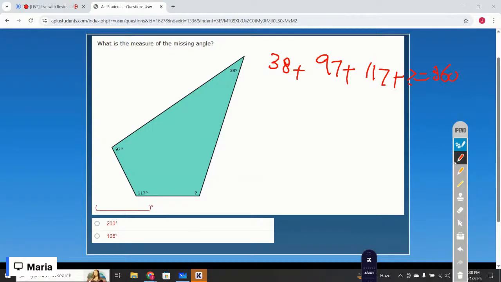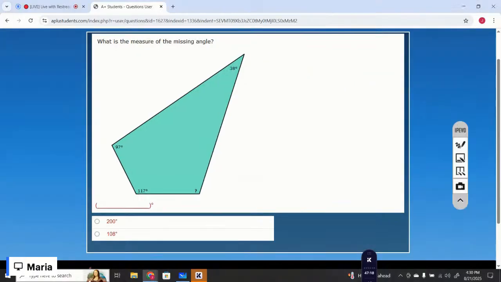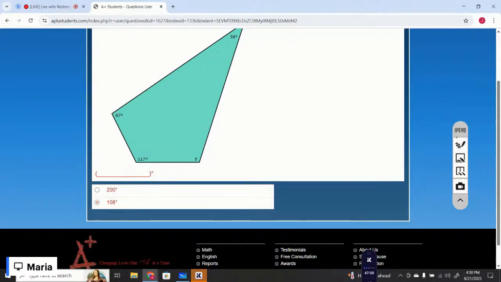So let me just add them all. 38 plus 97 plus 117, that is 252. 360 minus 252 is 108. So the missing angle is 108 degrees.